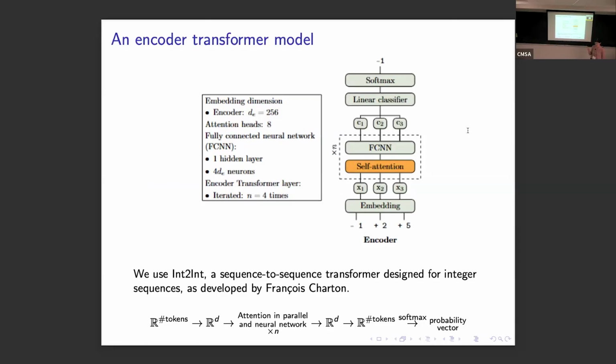The second model that we used for most of the experiments was a transformer model, as implemented by François Charton. We didn't really try too hard to optimize all the parameters and get the best performance out of our models. We wanted something that looked like it was learning to predict things, but we can't necessarily claim that it does as well as the model could do.